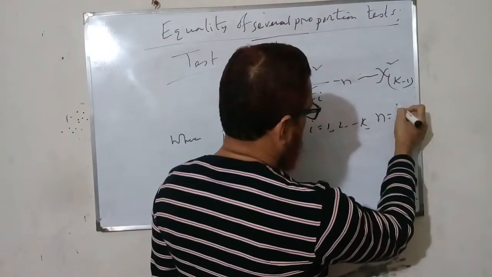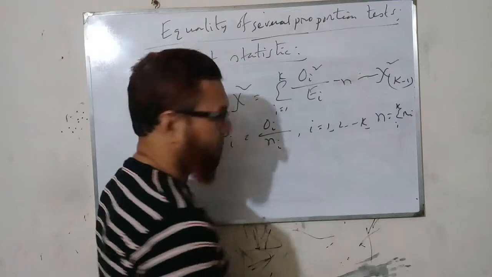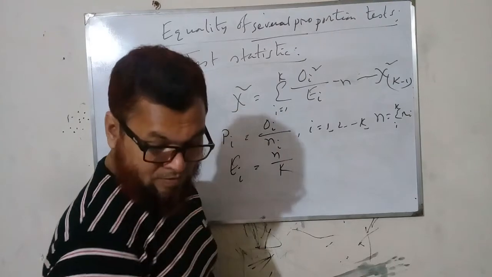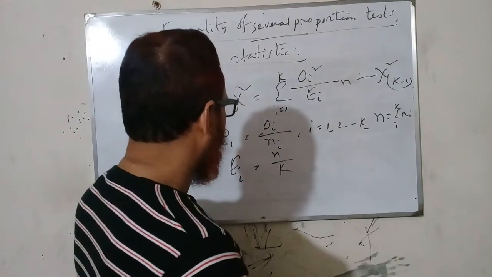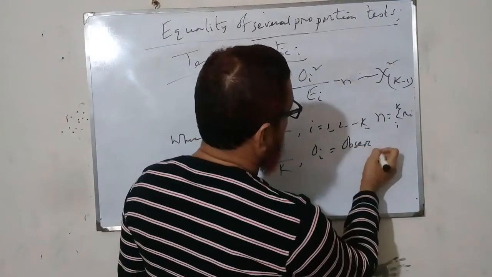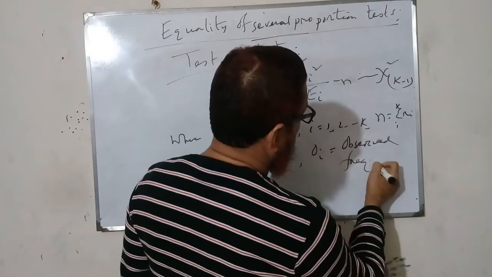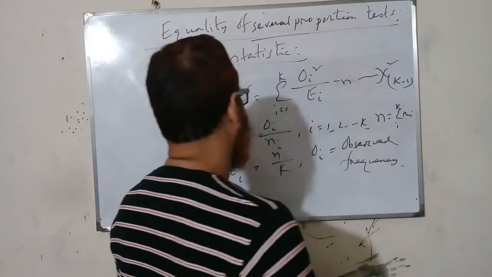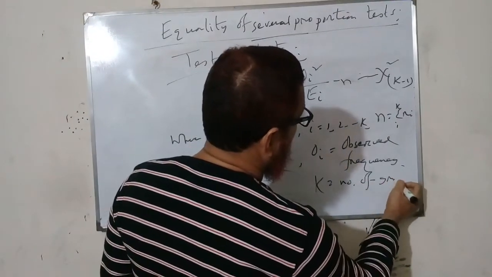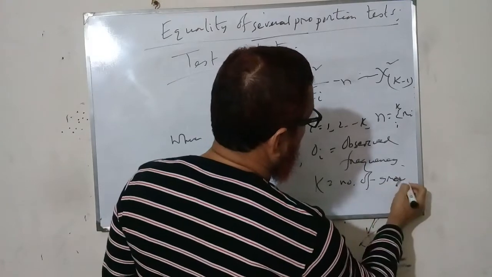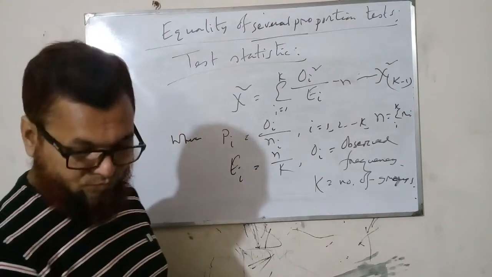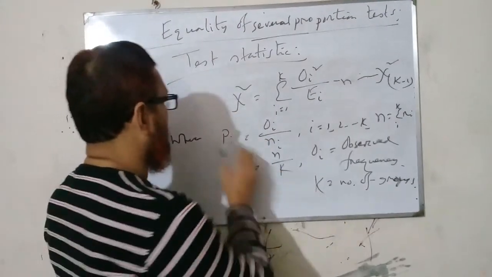Y means observed frequency. K is the number of groups. This is the statistic.